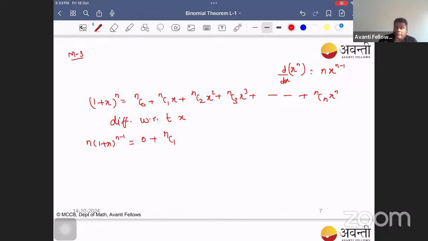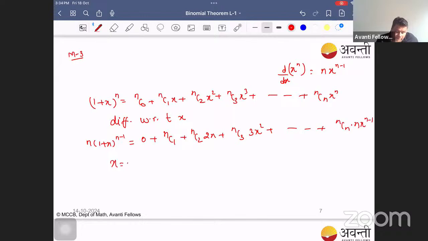Then nC1, the derivative of x is 1. Then nC2, the derivative of x² is 2x. Then nC3, the derivative of x³ is 3x². And so on, nCn into n x^(n-1).